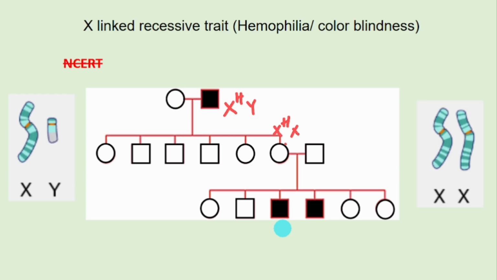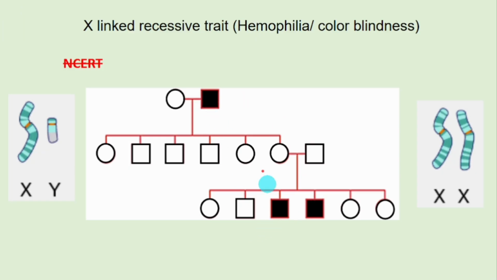This is the reason she is a carrier. So carriers are denoted with a dot in between. And then this affected X chromosome was passed on to these two sons.